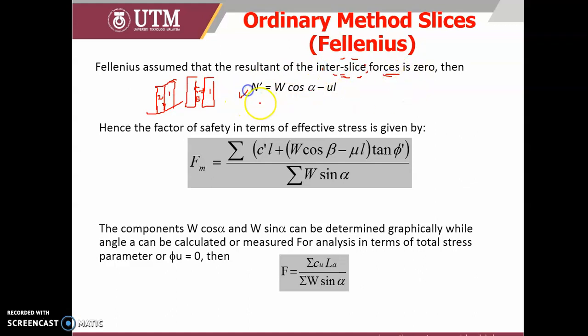That's why they directly use the effective normal stress equal to W cos alpha minus the pore water pressure times L, the width of the slice. So that's why the factor of safety in effective stress, they got this equation. And when phi undrained is 0, so without any phi value here, the factor of safety is simplified into this kind of equation.